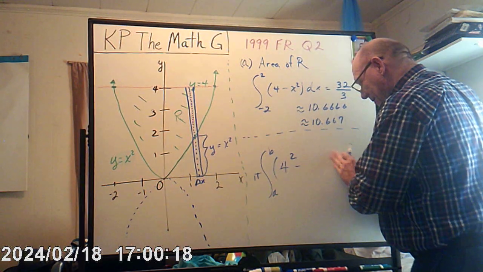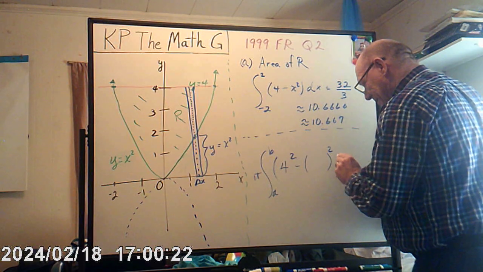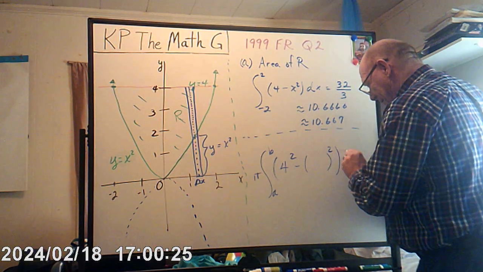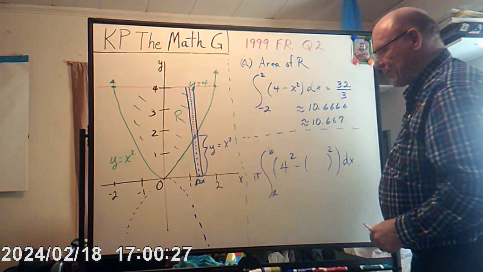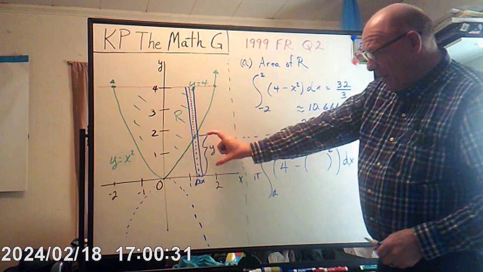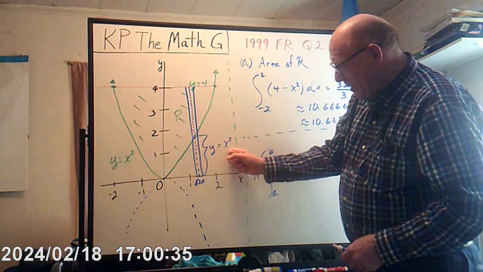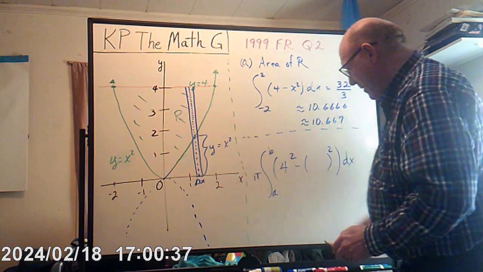Little r is something squared also. And then dx. Okay? The little r is this right here, this little hole right here, which we already determined to be x squared.